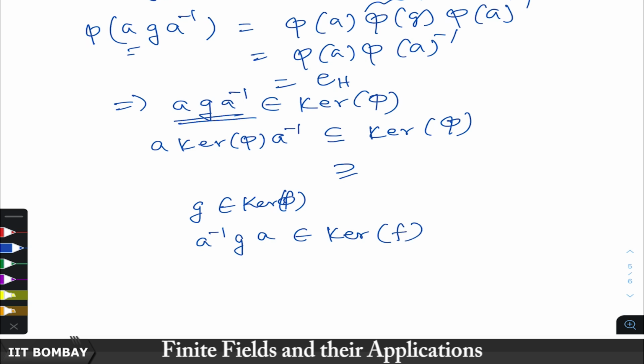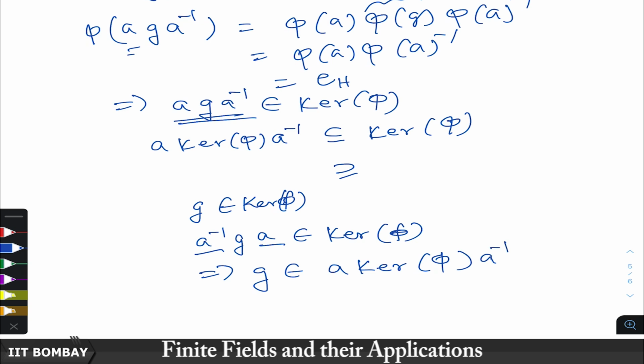So, what it means is that g belongs to a kernel phi a inverse: by pre-multiplying by a and post-multiplying by a inverse, we get g belongs to a kernel phi a inverse.